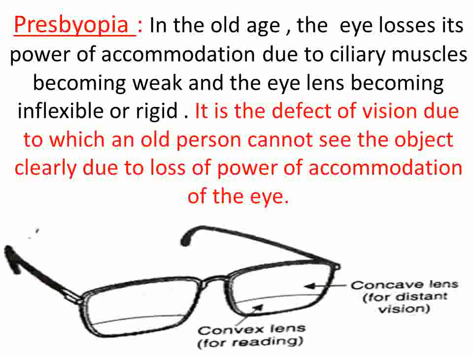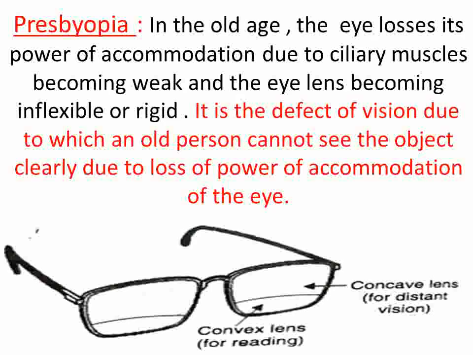We correct it with specs having a concave lens in the upper portion for distant object observation, that is, when observing a star. And when reading a book nearby, as old people do after 50 years when reading the newspaper and such things, they use the convex, converging lens.